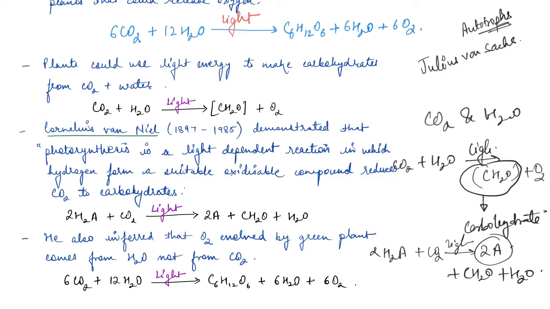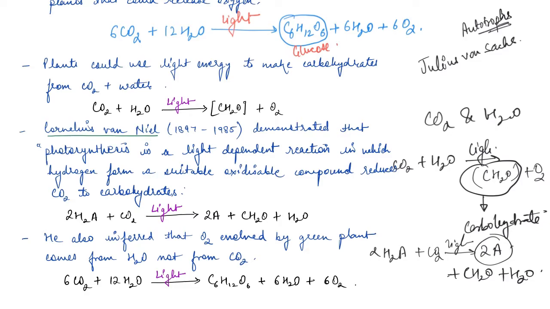Here C6H12O6 represents glucose, and oxygen is released from water. So this is how photosynthesis happens, and it is a light dependent reaction.